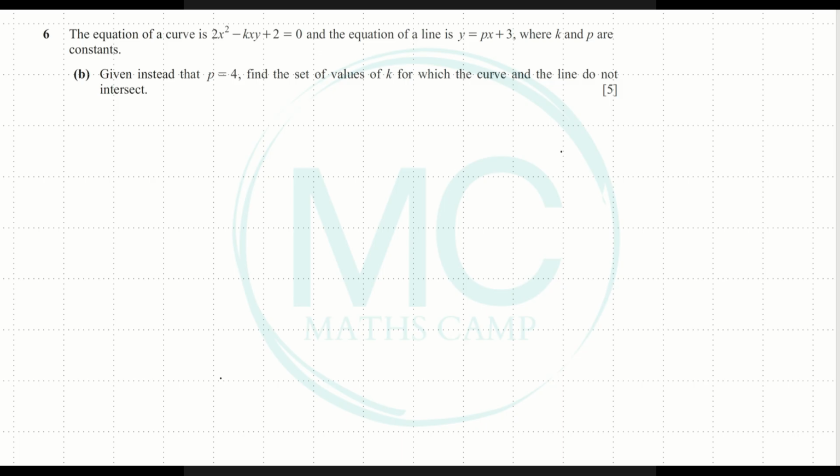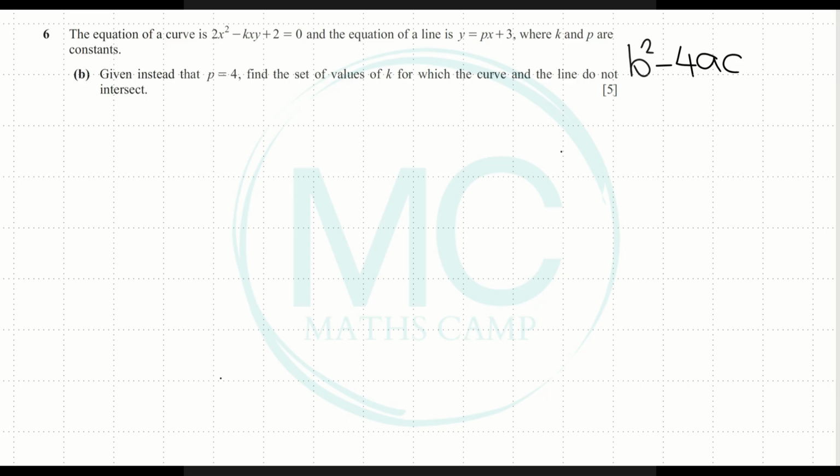Given instead that p is equal to 4, find the set of values of k for which the curve and the line do not intersect. When we are working with questions like this, and a curve and a line, or even two curves that intersect, we need to use the discriminant. B squared minus 4ac.